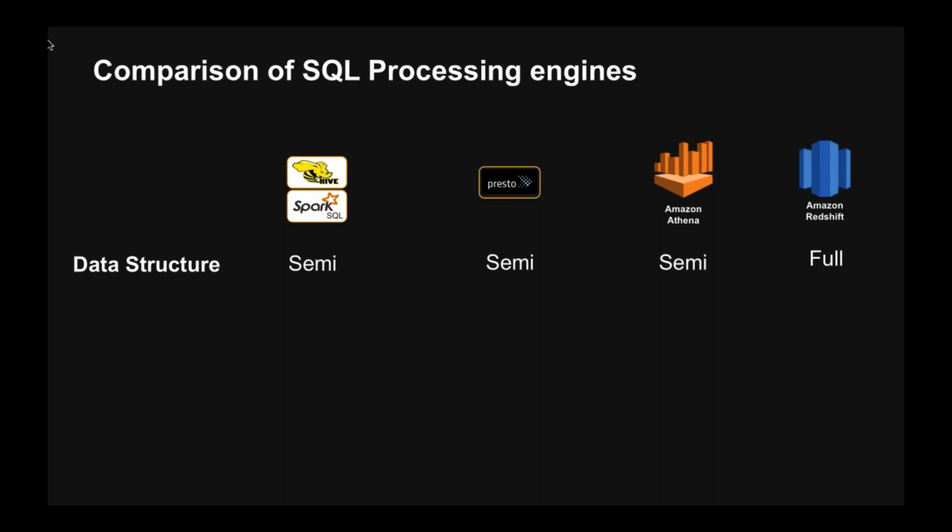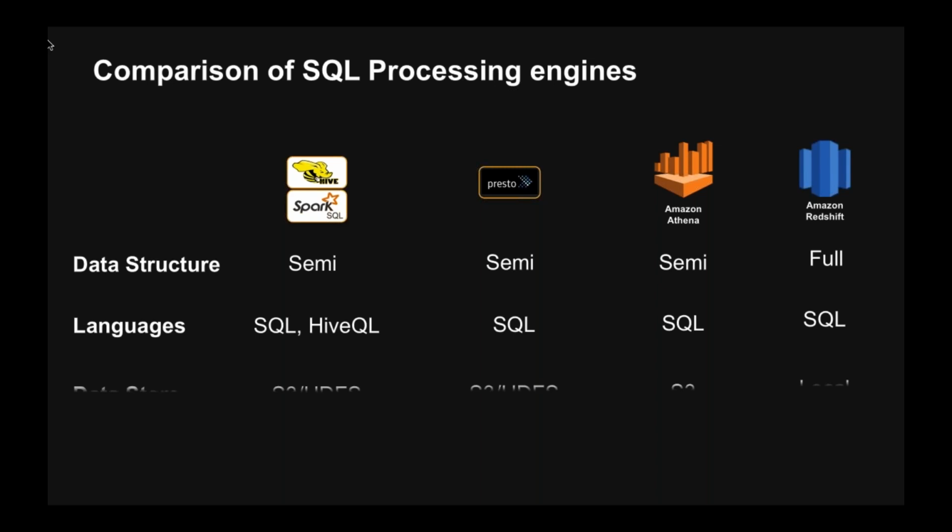If you look at the data structure that they support, the first three can deal with highly structured data or semi-structured data, whereas Amazon Redshift is a database, so really requires that data to be fully structured. The languages it supports, so the last three, Presto, Athena, and Redshift, support ANSI standard SQL, as does Spark SQL, and then Hive gives you that kind of SQL-like language.